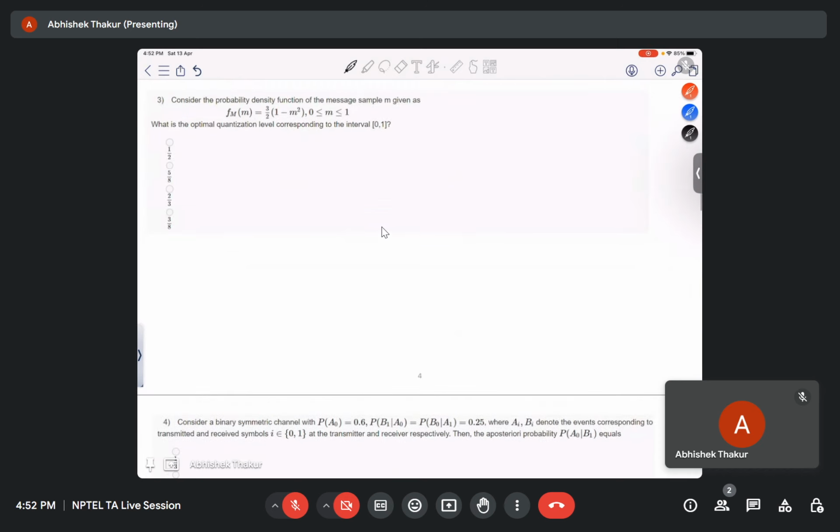Now coming to the third question. Consider the probability density function of the message sample M given as f(m) equals 3 by 2 times (1 minus m squared) for the value of m from 0 to 1.